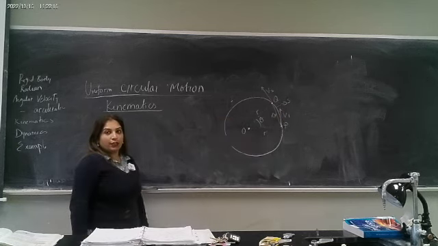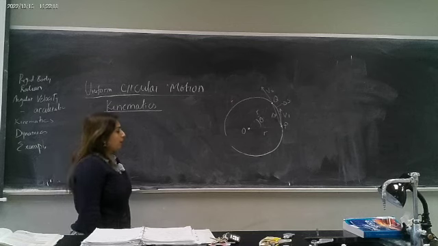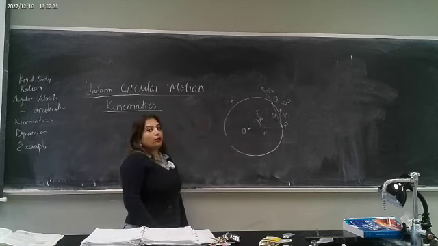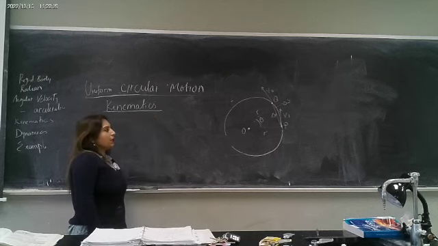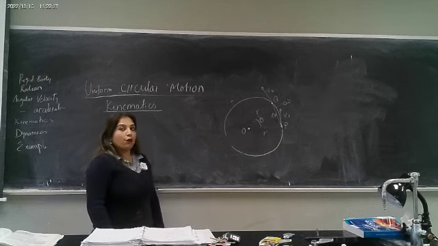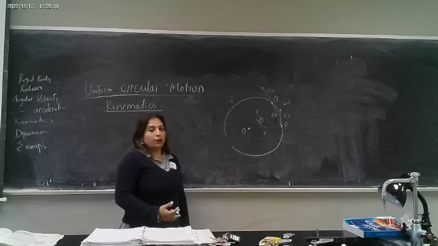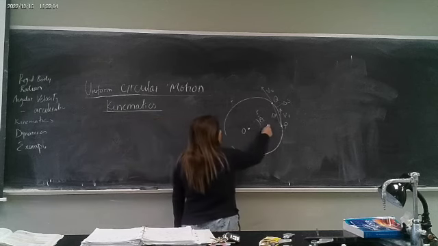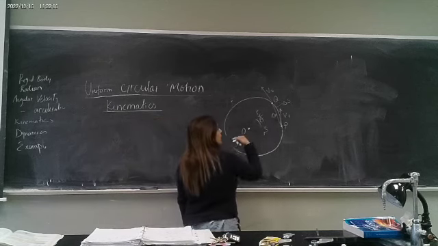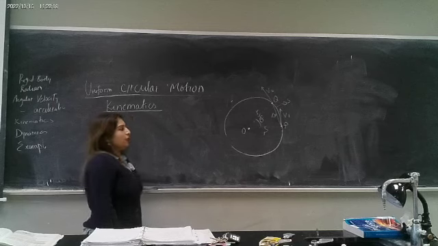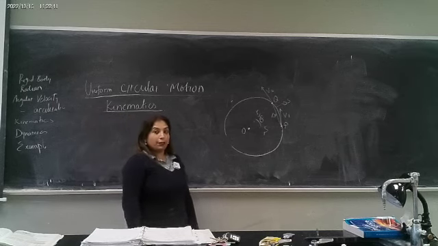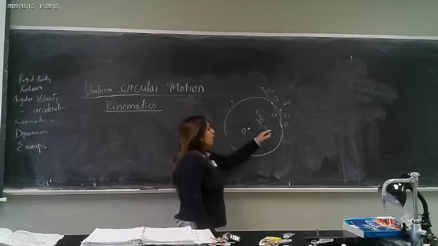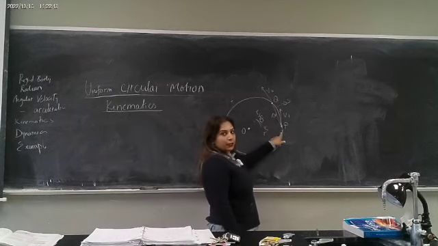Sometimes it is also called tangential velocity or speed, and it is changing its direction at each and every point. Now we know that there must be a velocity change involved if there is some acceleration produced. At the same time, we know that this object is constantly accelerating towards the center, or it's being pulled towards the center by a force. So there must be some acceleration. That acceleration comes from this change in velocity.